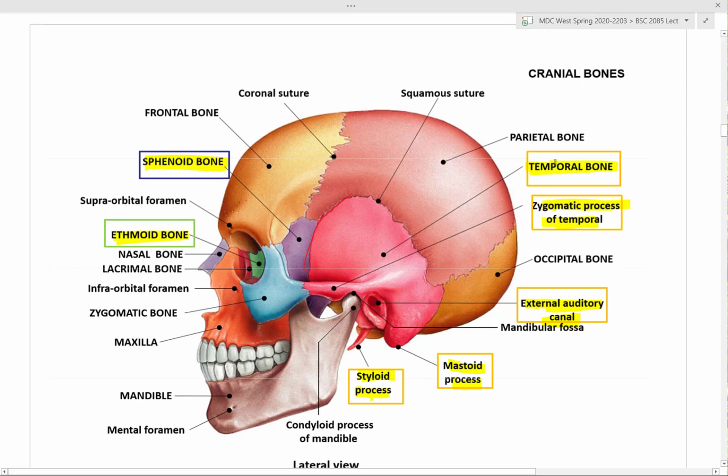If you think about it, all the ones that I listed here, let me just erase those two, are part of what? They're part of your temporal bone. So your styloid, mastoid, external auditory canal, and zygomatic process are all part of your temporal bone. In your test, the question will be which of the following belongs to what bone. So you need to know what belongs to what bone. Okay?